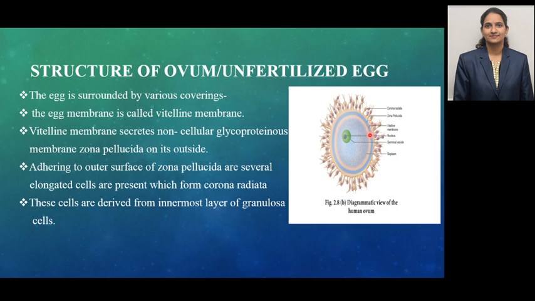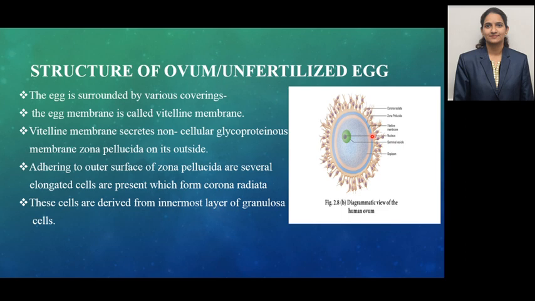Then the vitelline membrane secretes a non-cellular glycoproteinous membrane. Glycoproteinous means glyco, carbohydrates, and proteins. This membrane is the zona pellucida. See, this blue colored covering is called the zona pellucida. It lies on the outside of the vitelline membrane.